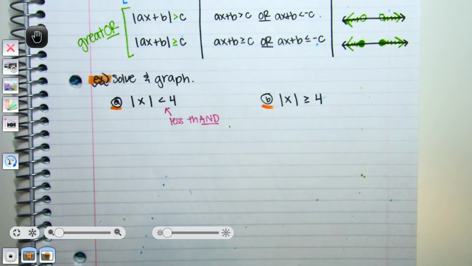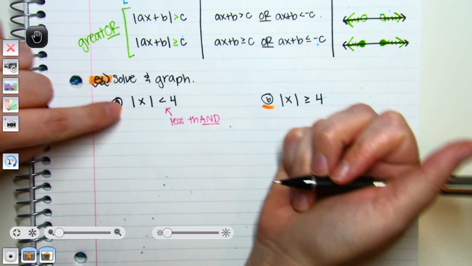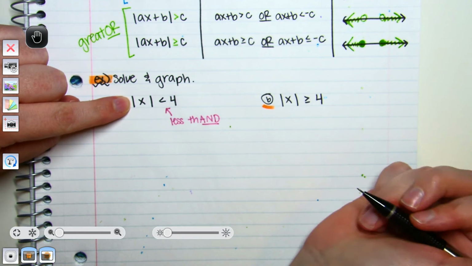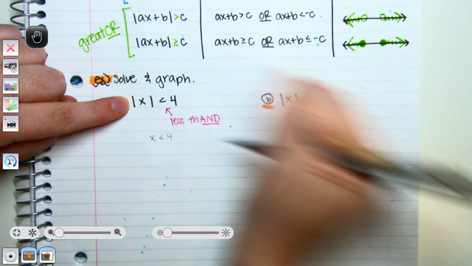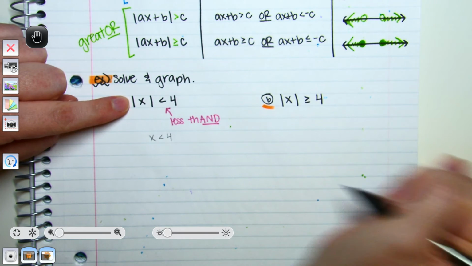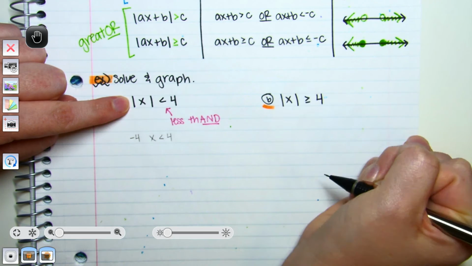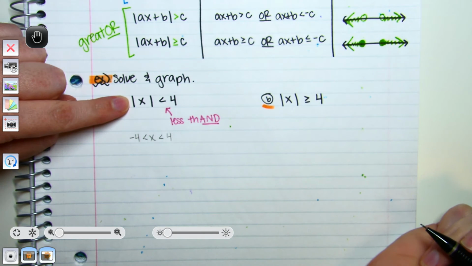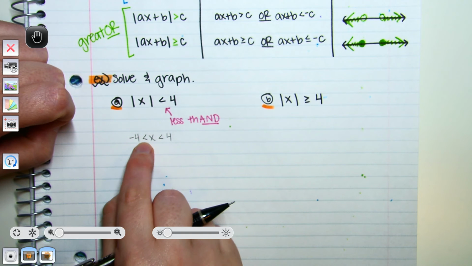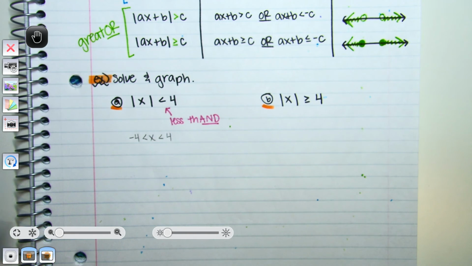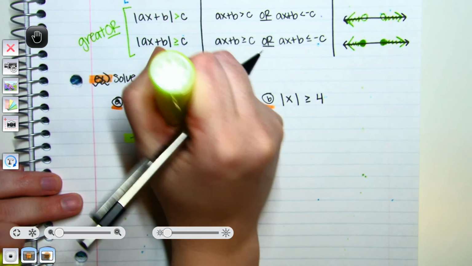Now, the way we do that is I just rewrite this without the absolute value bars exactly as I see it. But then the thing that gets added is the -4 on this side, with an inequality going the same direction. That's our answer.